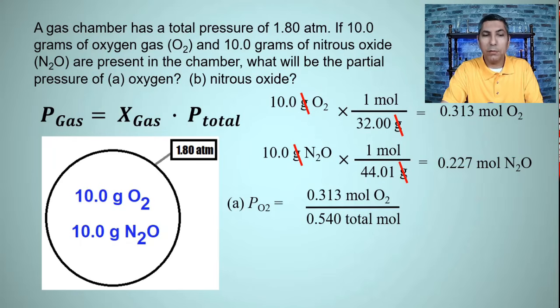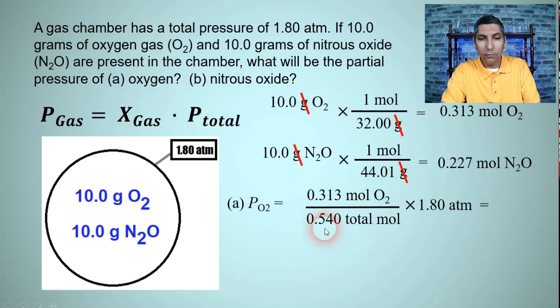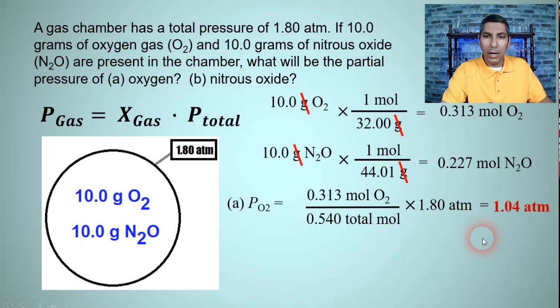Now I have to multiply this by the total pressure. The problem says my total pressure is 1.80 atmospheres. So when I do the math here, 0.313 divided by 0.540 times 1.80 atmospheres, I get an answer of 1.04 atmospheres. So that's my partial pressure of O2, oxygen gas.